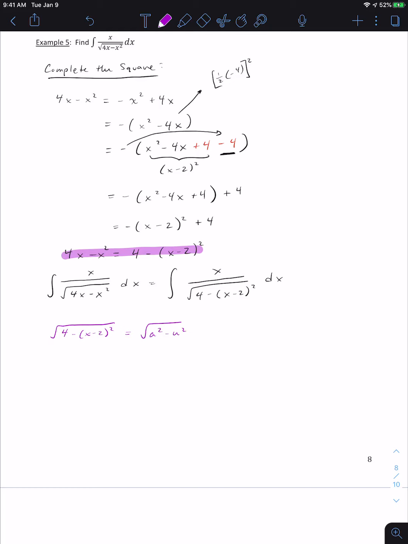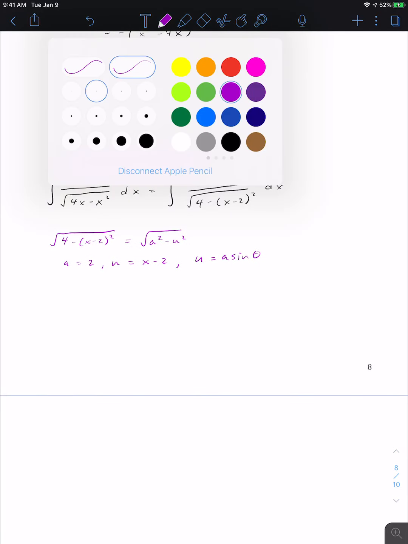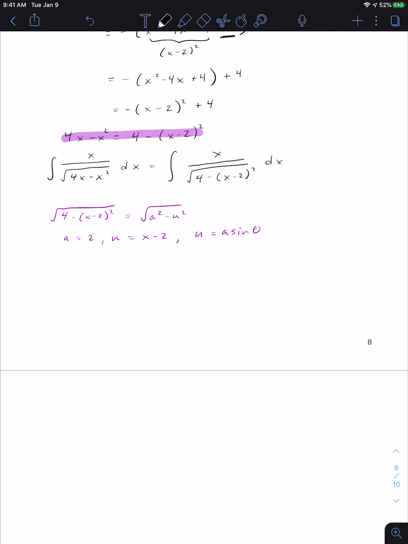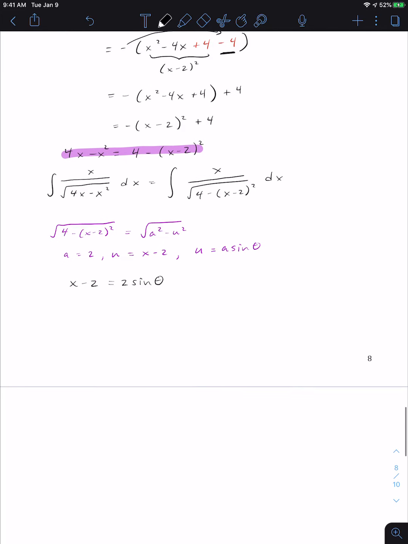So in this case, our a is equal to 2, our u is equal to x minus 2, and we're going to use the substitution u equals a sine theta, because it's something squared minus the variable squared, right? So what is u? u is x minus 2, and then that's going to be a sine theta. a is 2, so 2 sine theta, right?